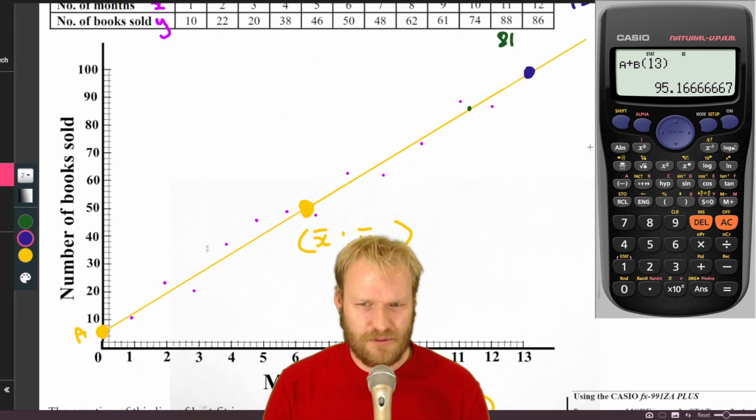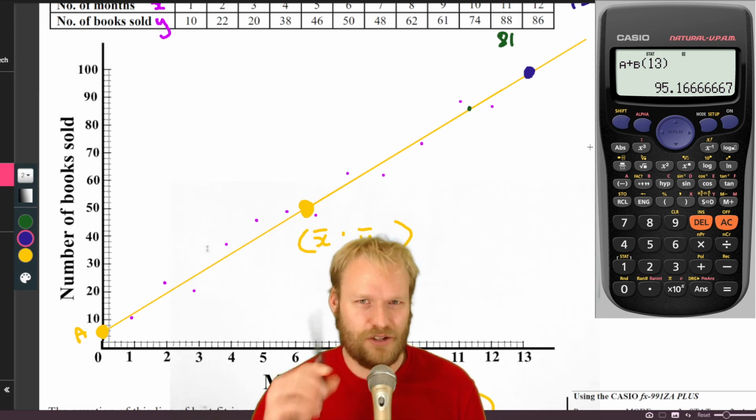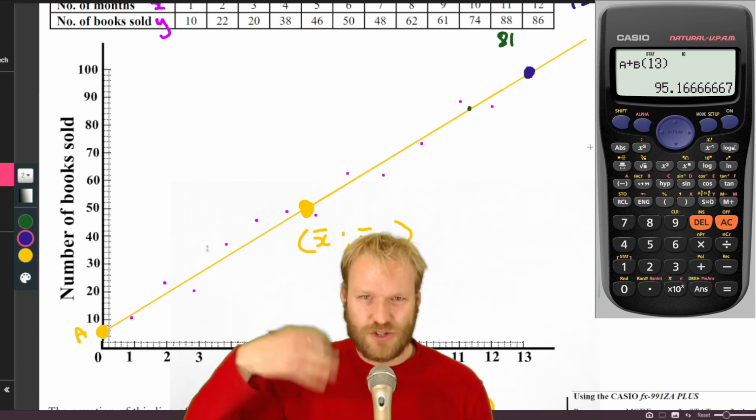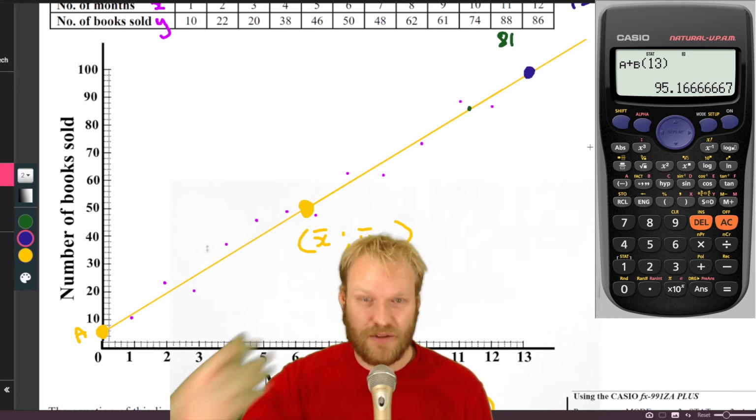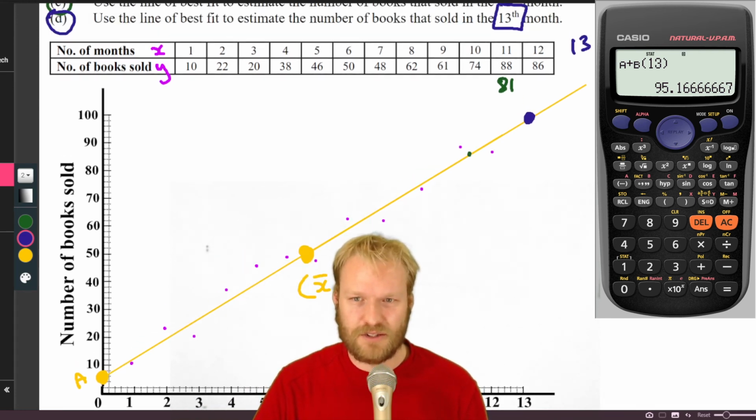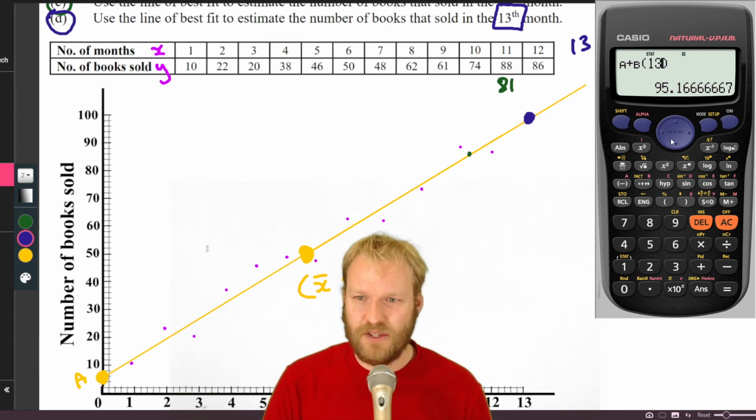So in the 13th month we're going to sell 95 books if this trend continues. Now, slightly dangerous, right? We're assuming that things are going to carry on in the same way that they did before. But hey, this bookshop had a growth spurt. Why is it just going to keep going? I mean, if we carried on like this and asked how many books it's going to sell in the 100th month, according to this, it's going to sell 694 books.